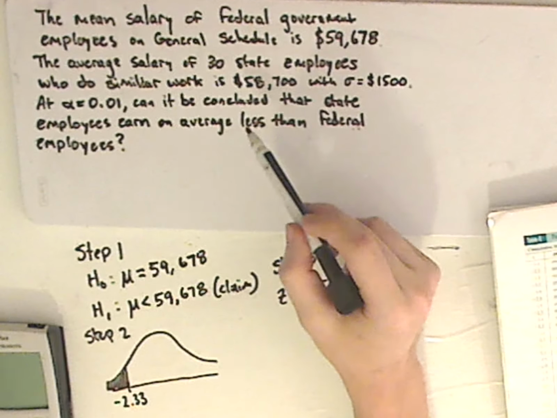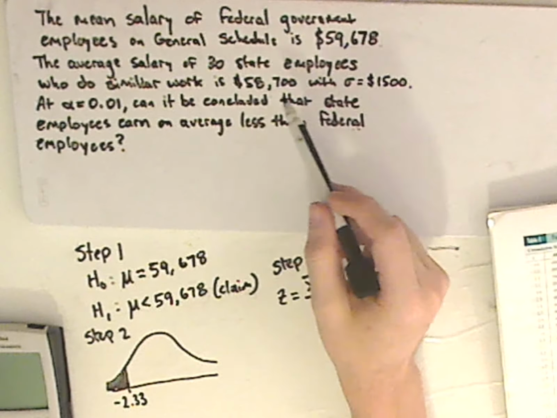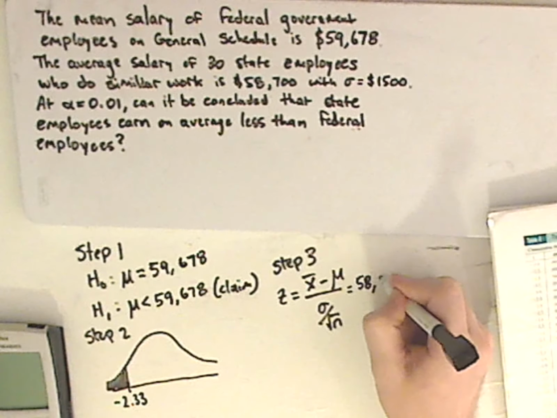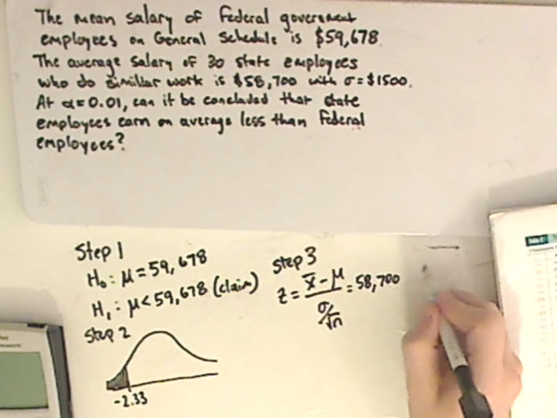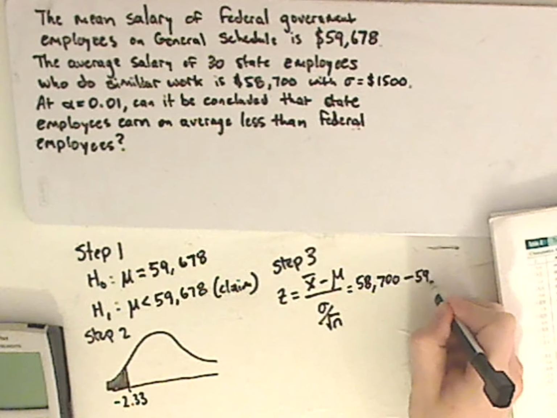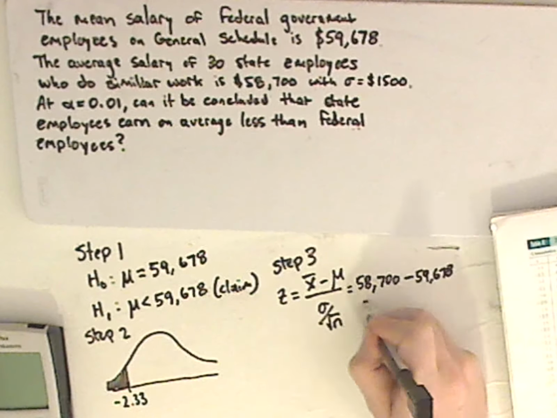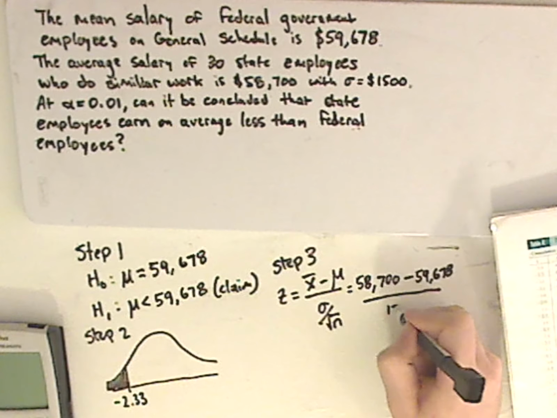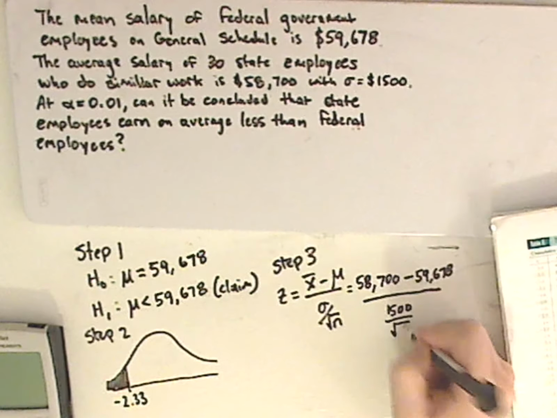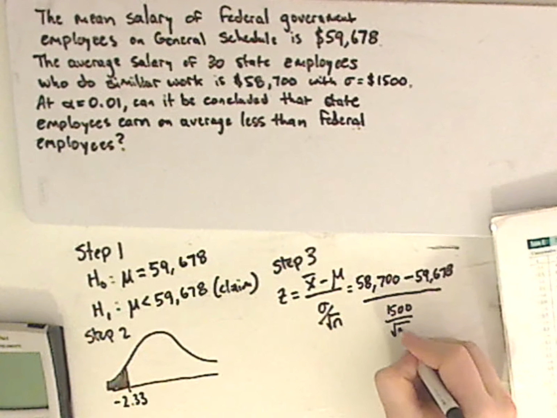Your X bar here is the average for the state employees, which is 58,700, minus your mu, which is 59,678, divided by 1,500, that's your sigma, square root of n, your n here is the sample size, which is 30.